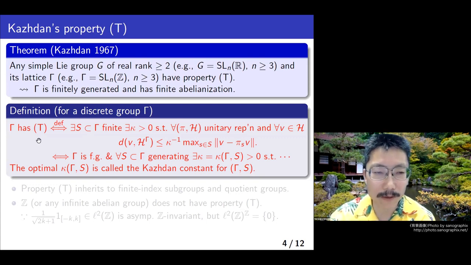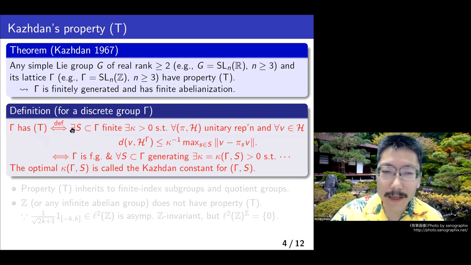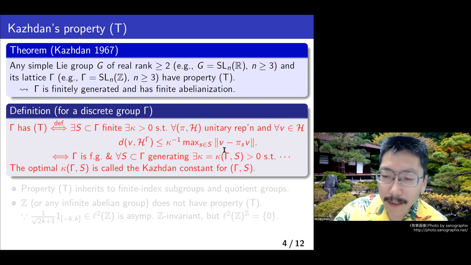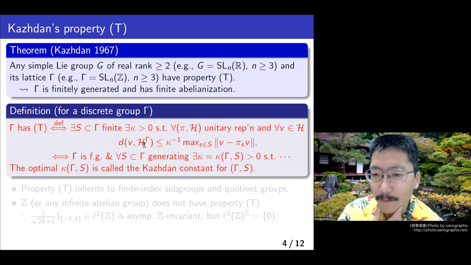So we assume from the beginning that Gamma is finitely generated, because otherwise it doesn't have Kazhdan's property T. Gamma has Kazhdan's property T by definition if there is a finite set S, and a constant kappa, called Kazhdan's constant, usually small, such that for any unitary representation and any vector v in the Hilbert space, if v is almost invariant, in the sense that v is not perturbed much by this finite subset, then it is actually close to a Gamma-invariant vector.